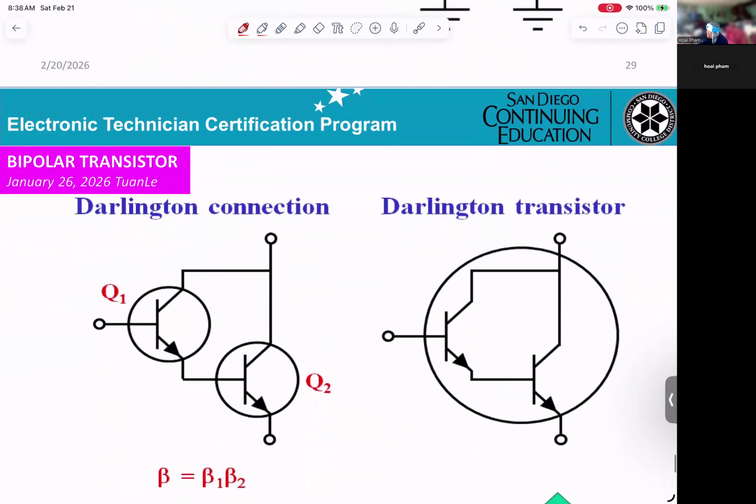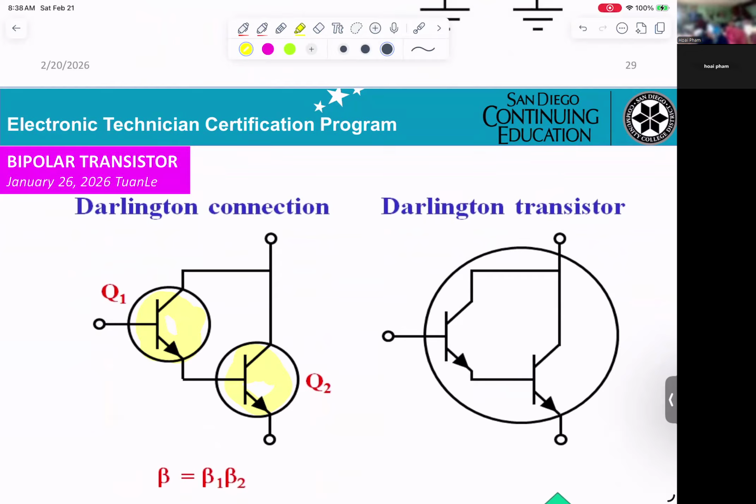The reason they want that Darlington connection circuitry is they connect Q1 emitter to Q2. Q1 has a beta 1 and Q2 has a beta 2. So the beta for the circuit will be beta 1 times beta 2.